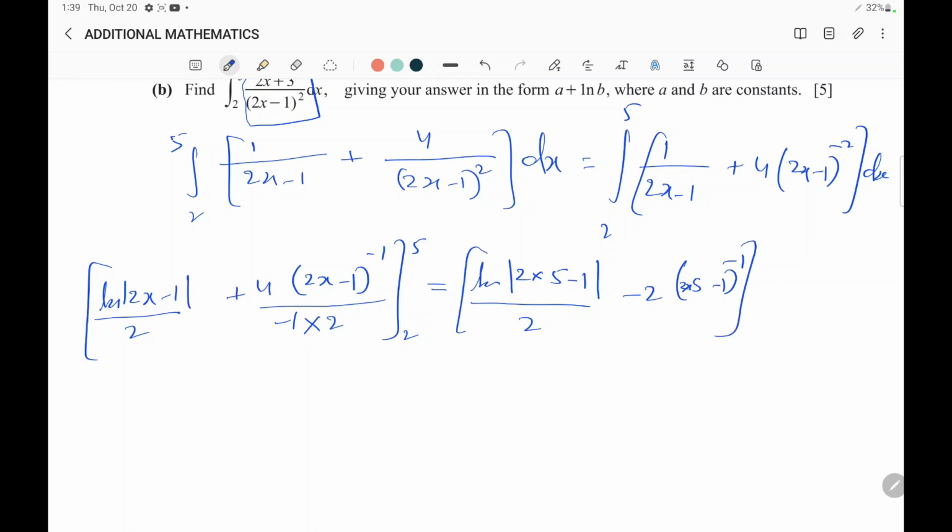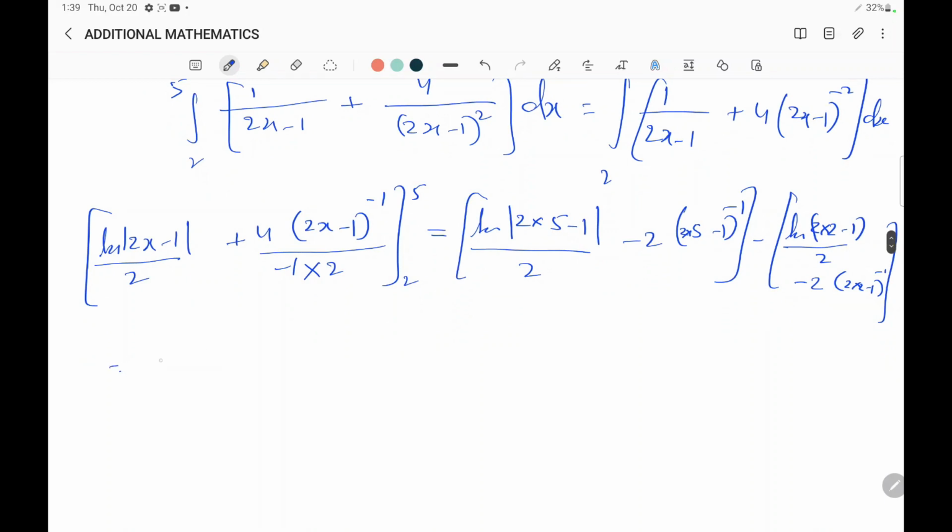This is upper limit minus lower limit: ln |2 times 2 minus 1| over 2, and 4 over minus 2 is minus 2, (2 times 2 minus 1) to the power minus 1. Now let us solve further.